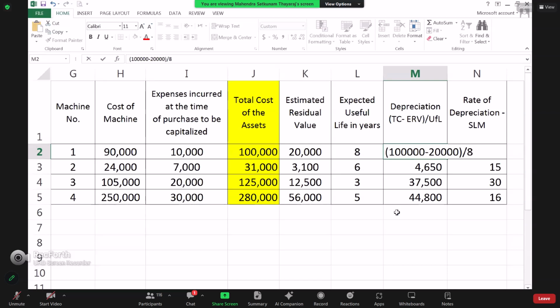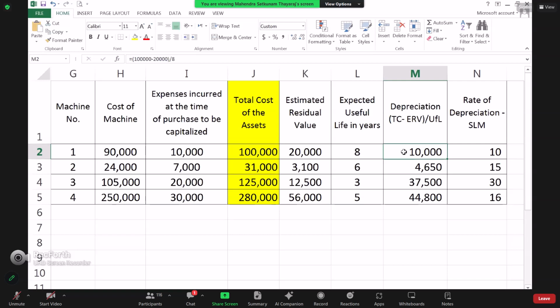The total cost is 100,000 and the residual value is 20,000, therefore the net amount is 80,000 divided by 8. So the depreciation is 10,000.